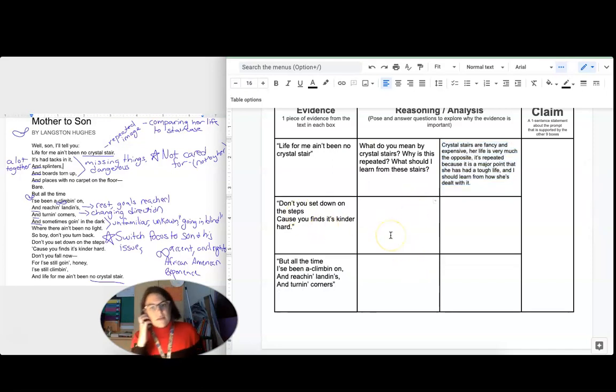Don't you sit down on the steps because you find it's kind of hard. Some questions that we came up with previously are, why is he sitting down? What is hard in his life?